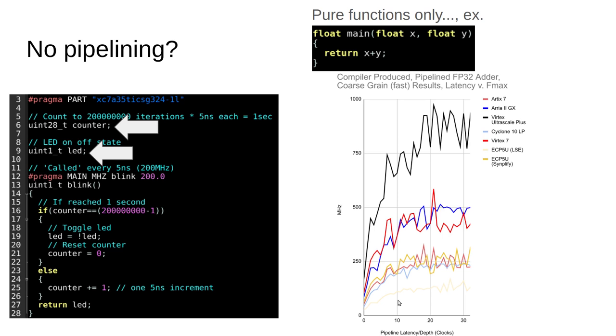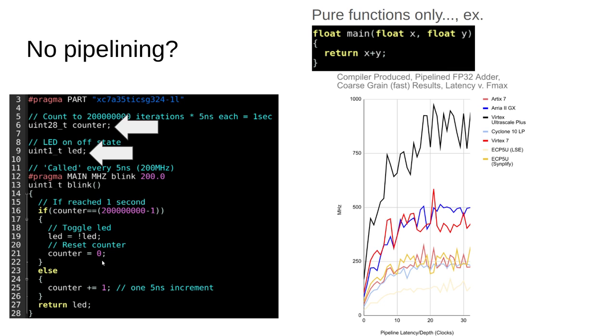But we didn't actually even talk about the pipelining part of PipelineC. I didn't even mention earlier the automatic pipelining that's built into the language. So something like this blink here has state of LED and counter, meaning that each time this blink happens every 5 nanoseconds, the logic depends on the previous 5 nanoseconds.